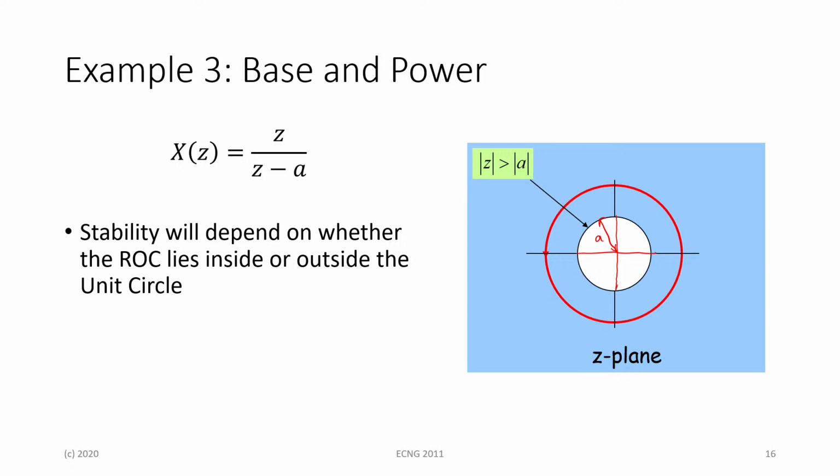And so long as a is less than 1, for a region of convergence, our system will be stable. But when a is more than 1, we have an unstable system.